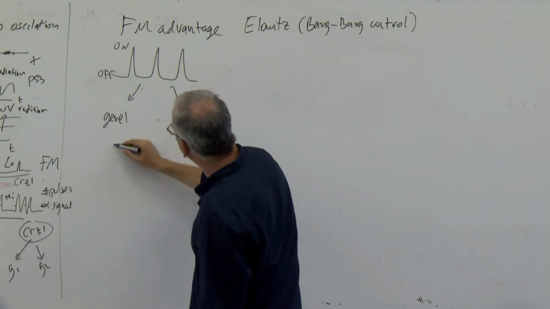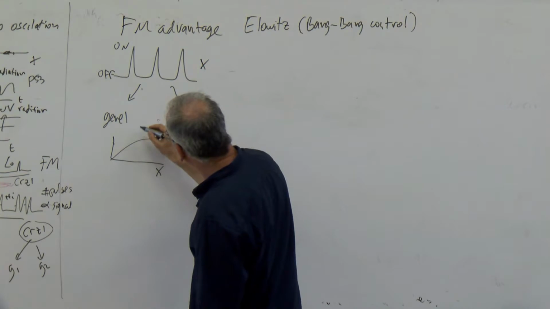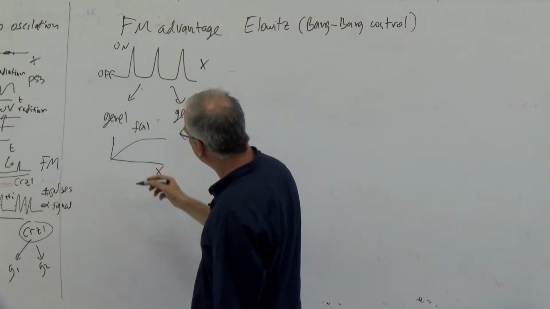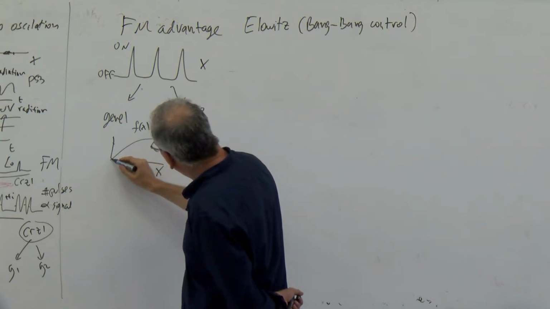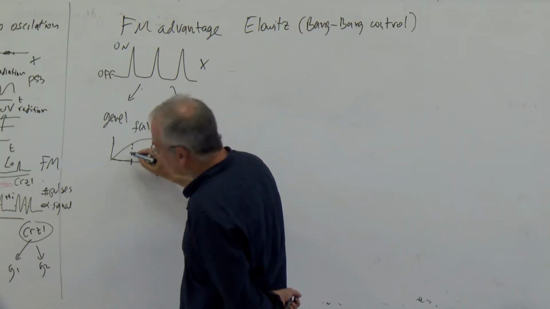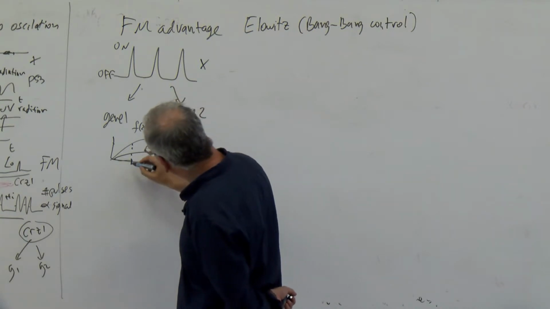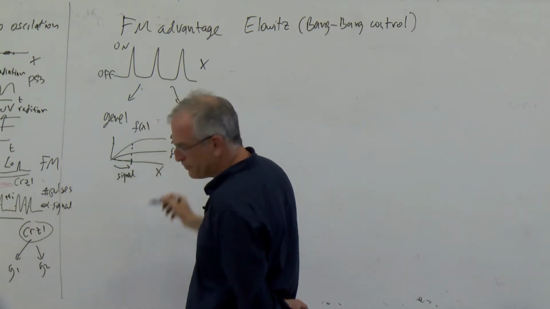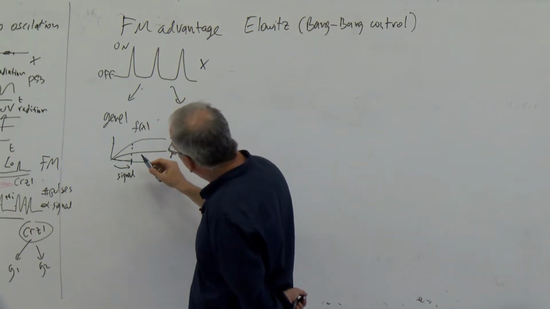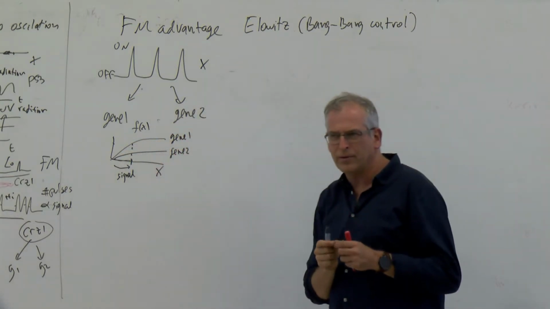This is X, our transcription factor. These genes have some input function, so this is how X controls this gene. In a normal situation, you have a signal and it sets X at some intermediate level like that. So this is, let's say, gene 1, and this is gene 2. And as the signal changes, you get some gene 1 and gene 2. And you need to really precisely tune these functions in order to get the good ratios between them at every signal.